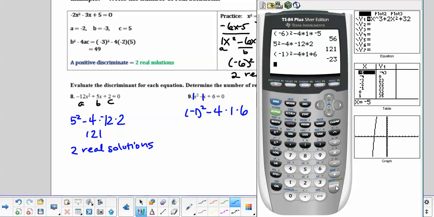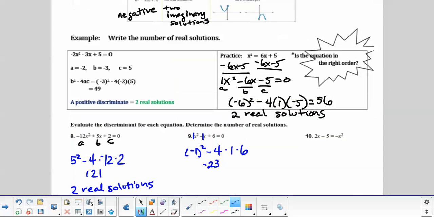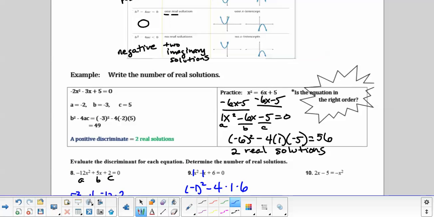Alright, I get negative 23 this time. So this is the first time I got a negative number. Let's go back and see what that is. If you get a negative number, you have no real solutions, you have 2 imaginary solutions.